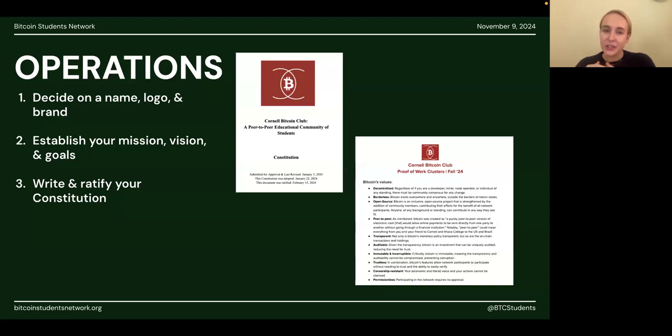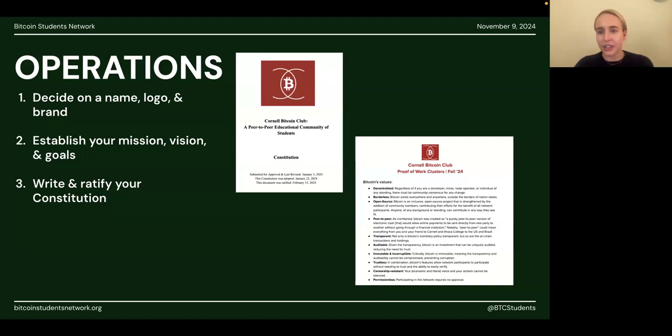What are you really here to do? Your vision, how are you going to do it? Any goals that you want to work towards. That will be included in the constitution that you'll write, and then you're going to want to ratify it with your members. All of these templates you can find in that big spreadsheet that I outlined, so you don't need to start from scratch. And of course, you can edit anything that you would like.